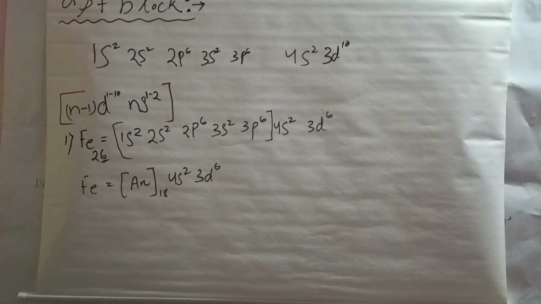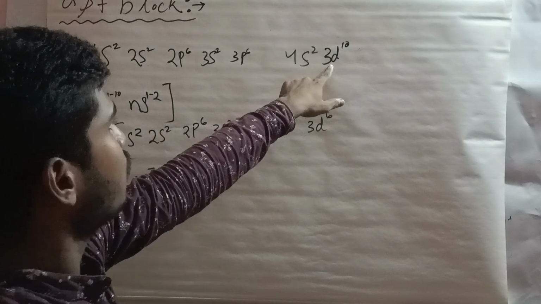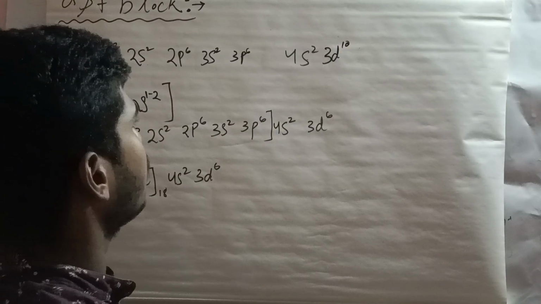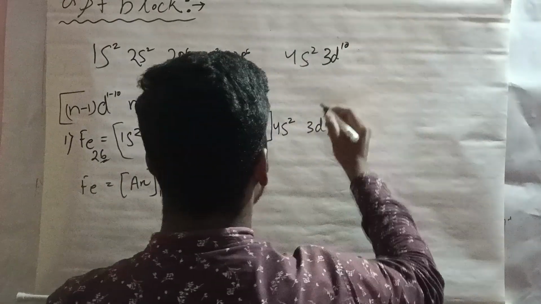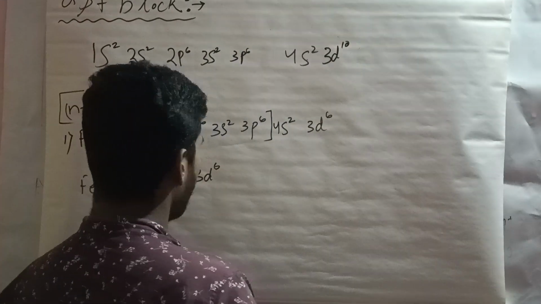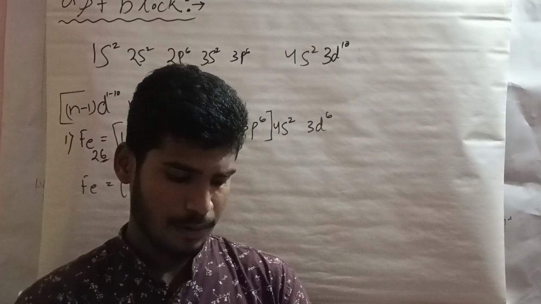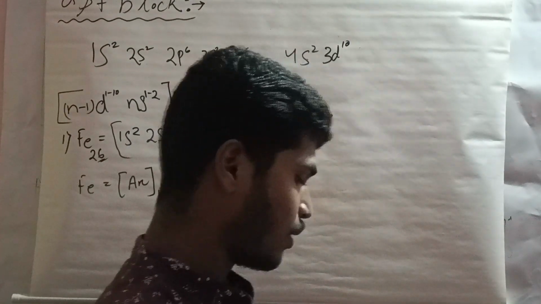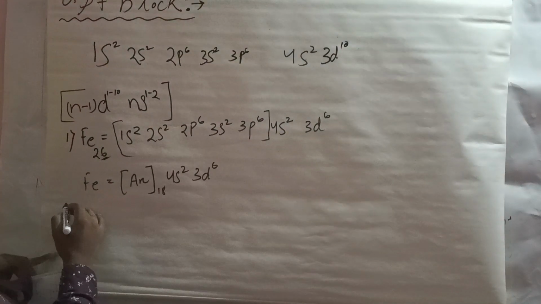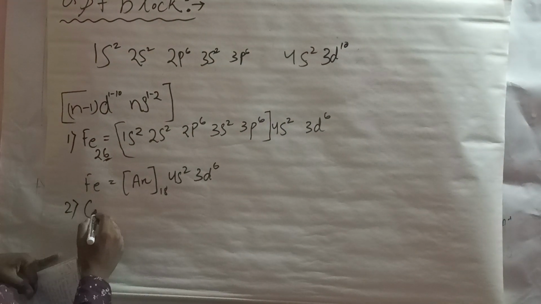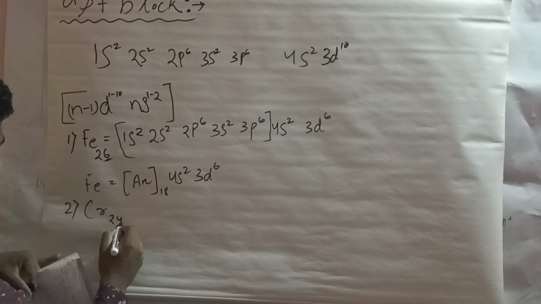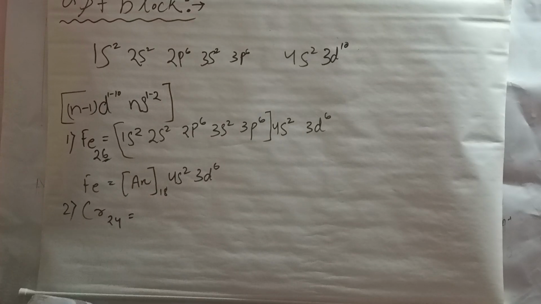Okay, now we'll go for the next example, chromium, atomic number 24.